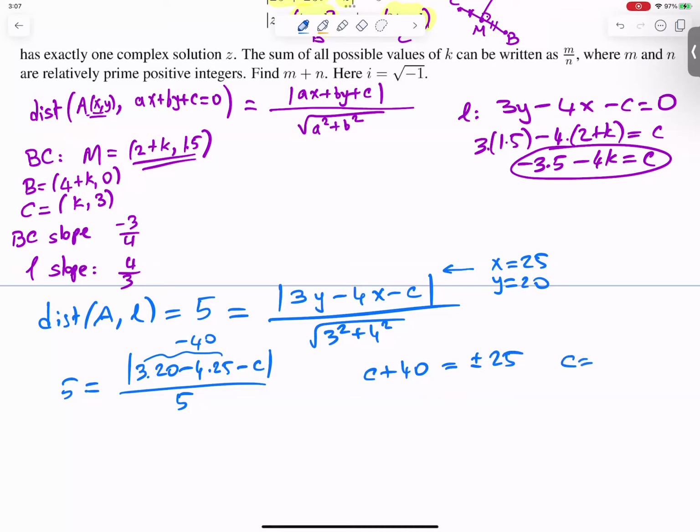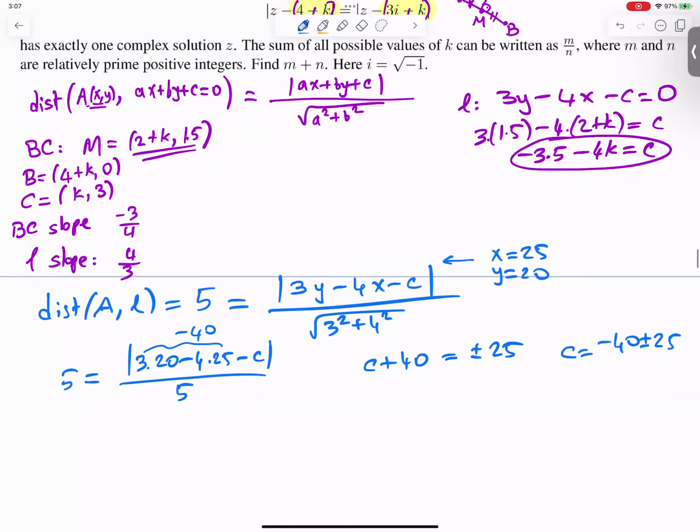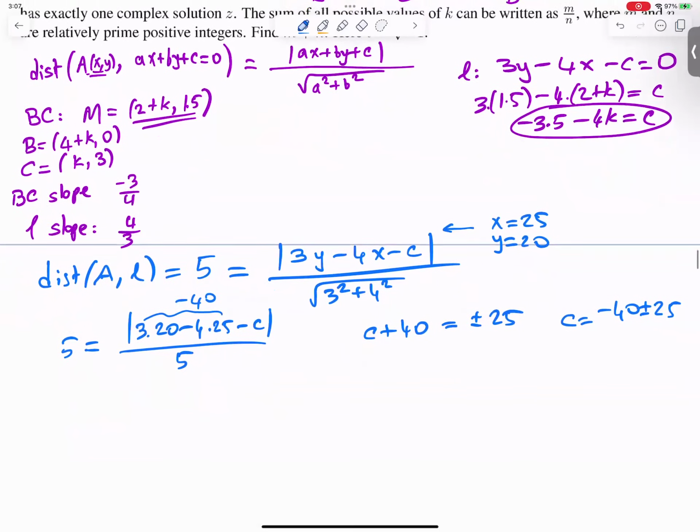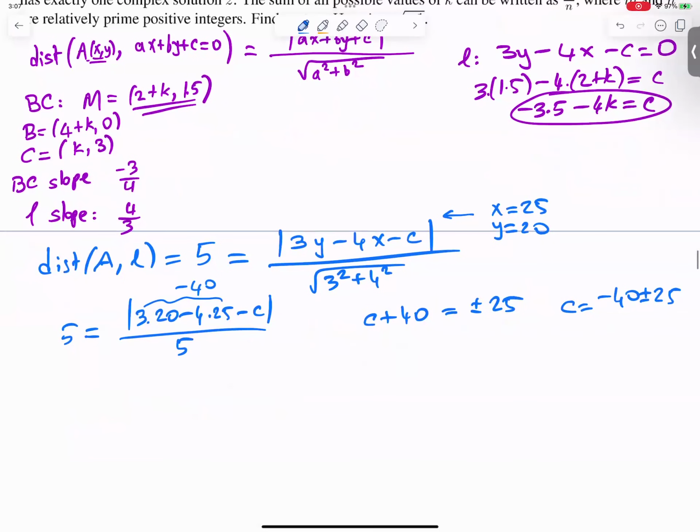So c is negative 40 plus or minus 25. We have two c solutions, and they will lead to two k solutions. And the relation is this: k is negative 3.5 minus c over 4.